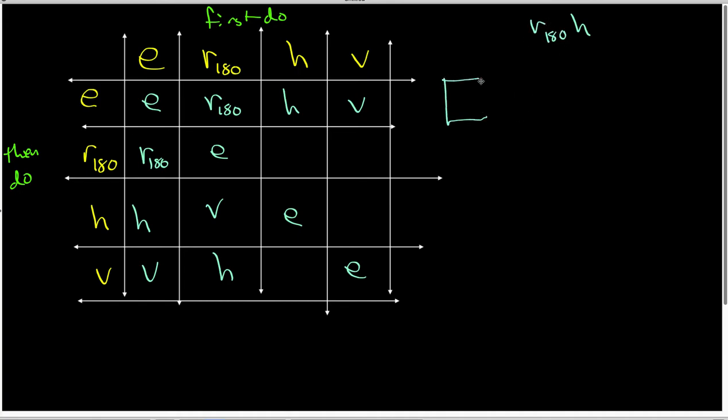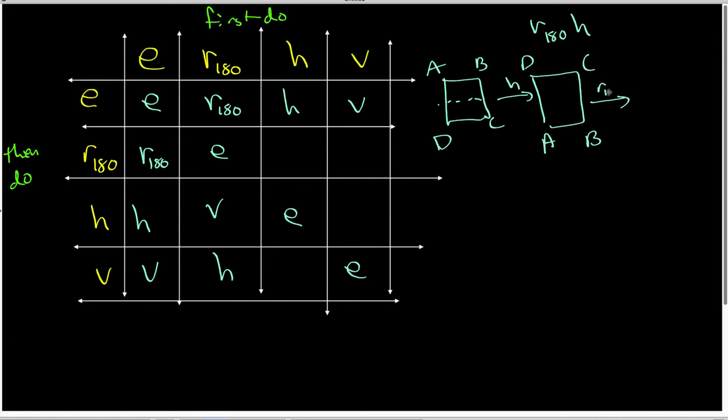So I start with my square in the standard position, and I'm going to do H, and when I do H, I'm going to have D, A, and C, B. And now when I do R180, let's see, D winds up here, B winds up here, C winds up there, and A winds up here.